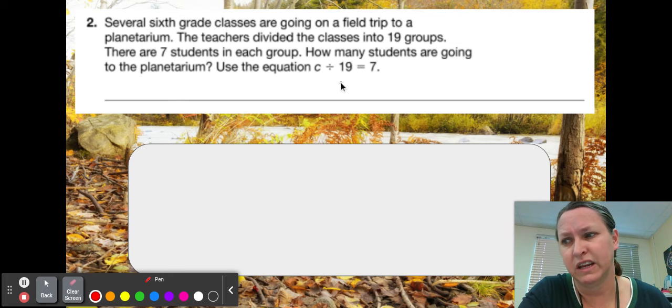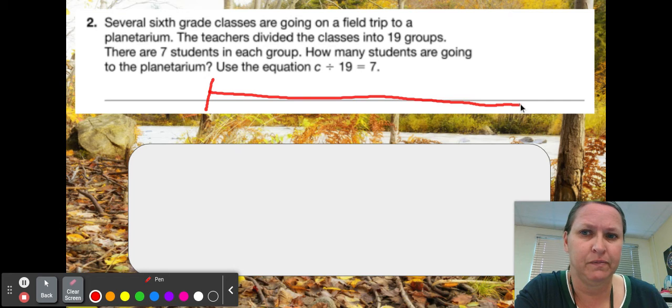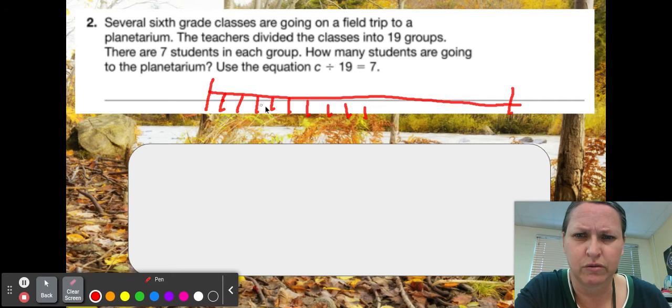Well, in this one right here, I'm trying to figure out what is the whole, how many total students are going. So I'm going to draw my bar right here. I know that there are 7 students in each group. So if I'm going to draw, I've got 19 groups.